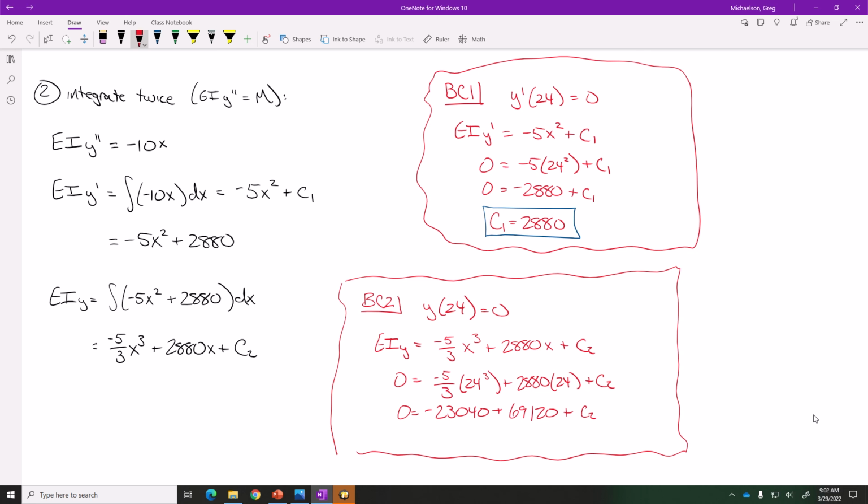So if I look at this, C2's got to be negative, and it's got to be the difference of those two.